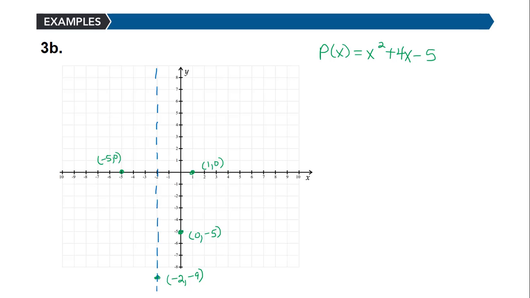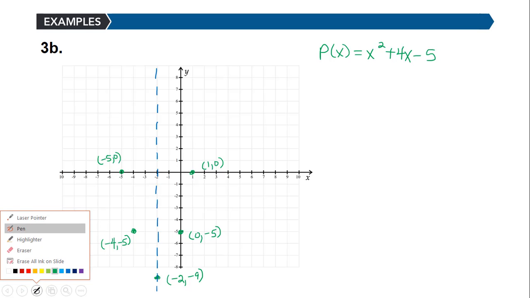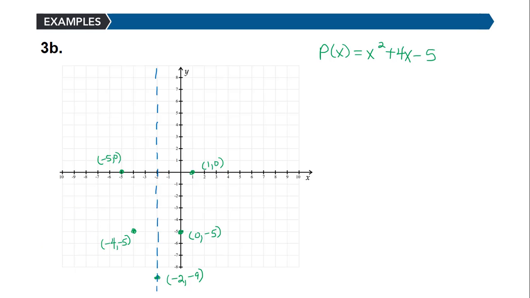Notice that if I go right of the vertex to 0, negative 5, that means I should be able to go left of the vertex 2 units to get to another point on the graph, which is at negative 4, negative 5. So now we want to connect those points to get the graph.